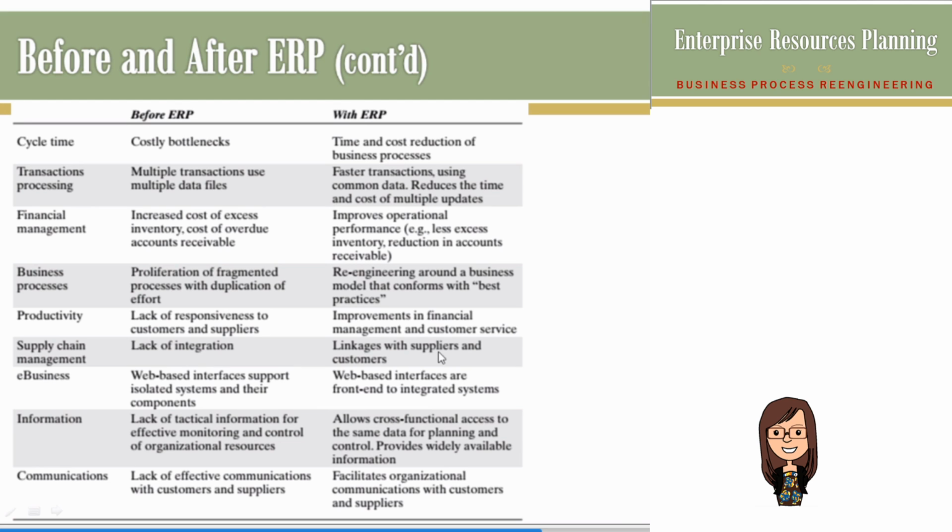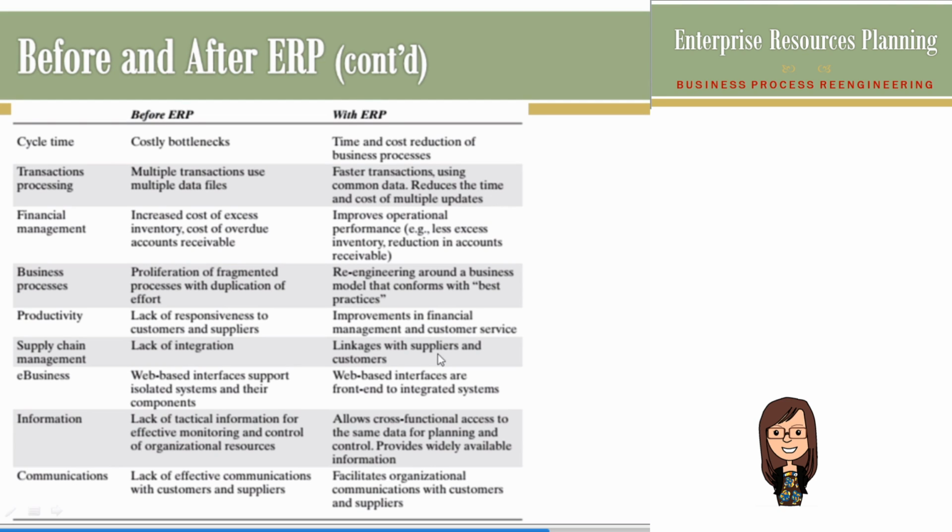It means that when we use the ERP system, because our data internally in the enterprise is already integrated, it will be easier also if we want to have a connection with our supplier or our customer.